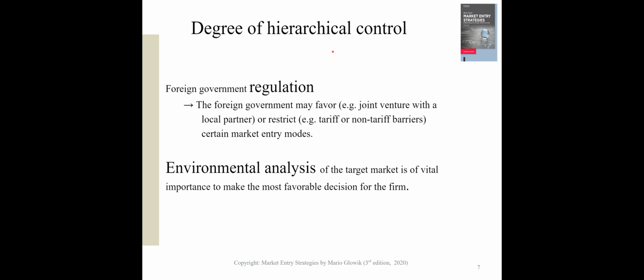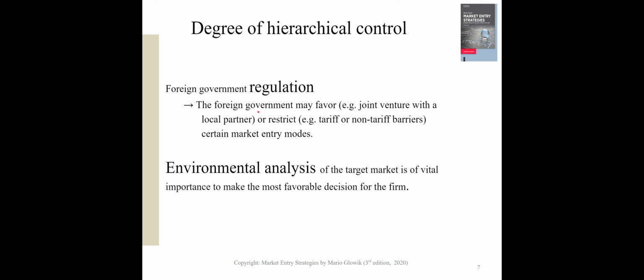The degree of hierarchical control is also influenced by foreign government regulation. So, for example, it happens that foreign governments may favor market entry modes such as joint ventures. That means we have to consider agreeing on a joint venture with a local partner.